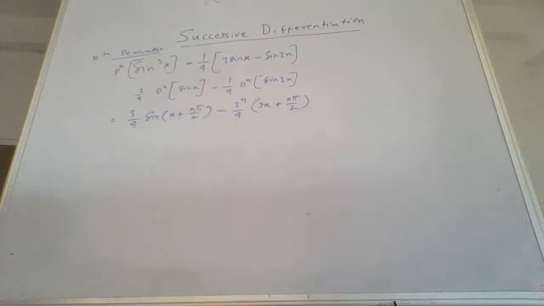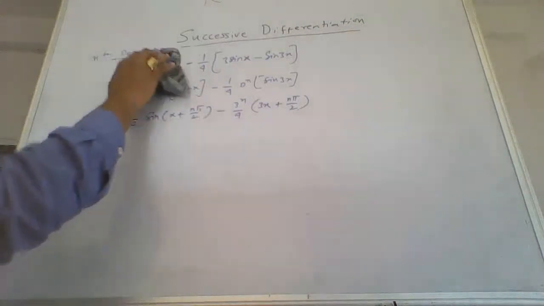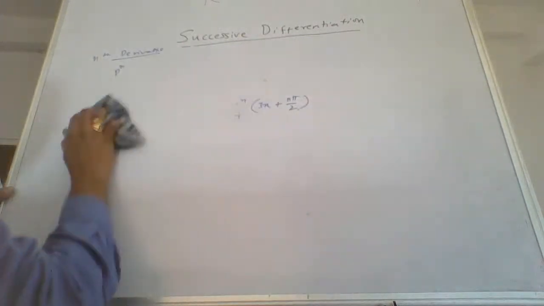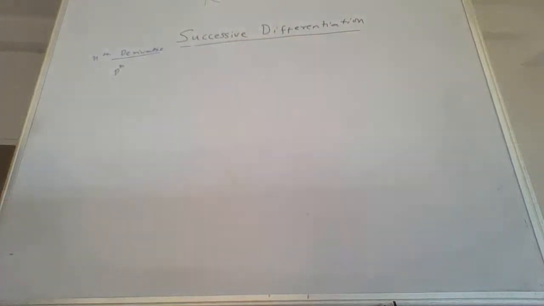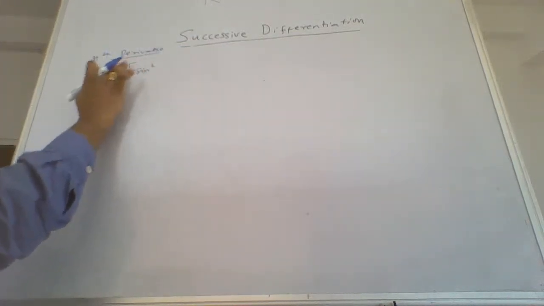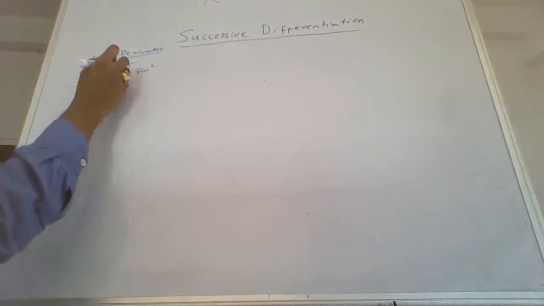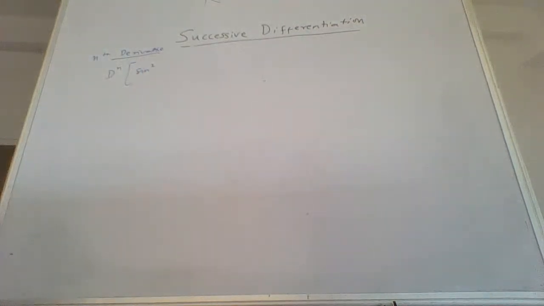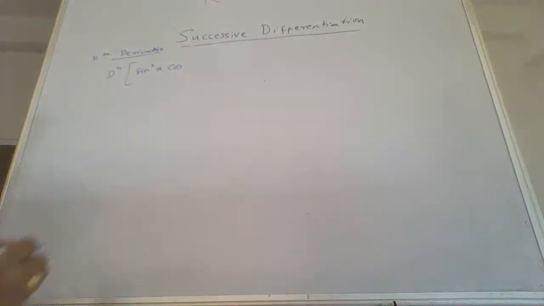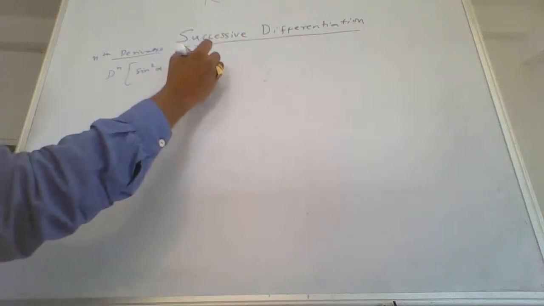Okay, so let us see one more problem. How do we solve that? So let's find the nth derivative of sine square x cos cube x.